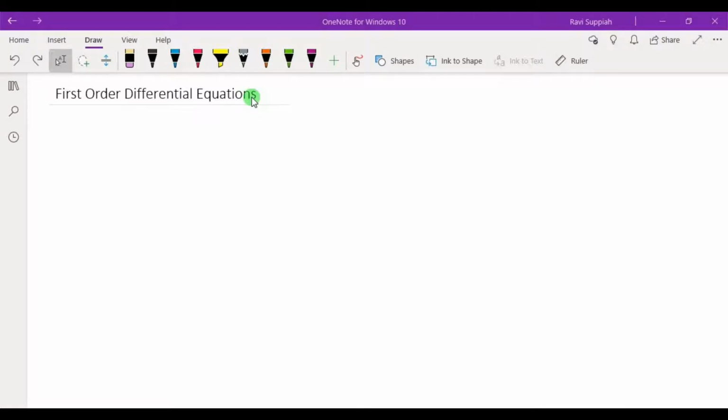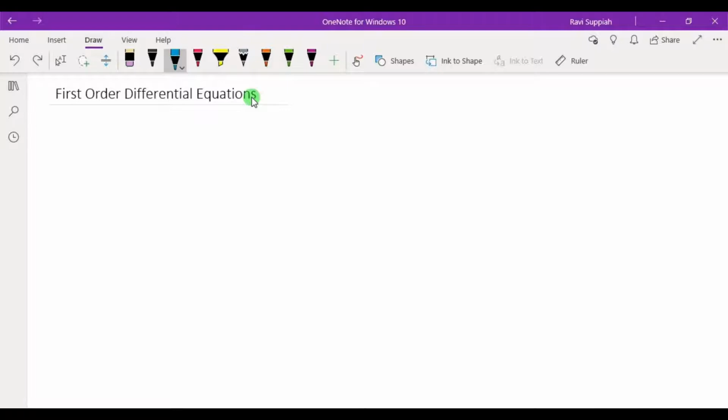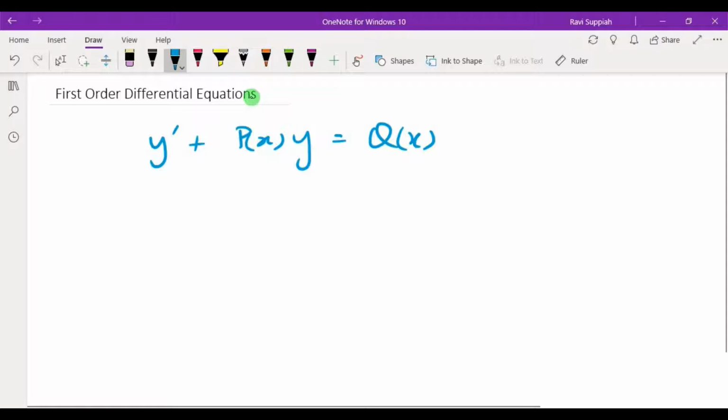Hi, a first order differential equation is given by this expression: y prime plus p(x) y equals q(x). As you can see, the highest order of derivative for the variable y is 1.